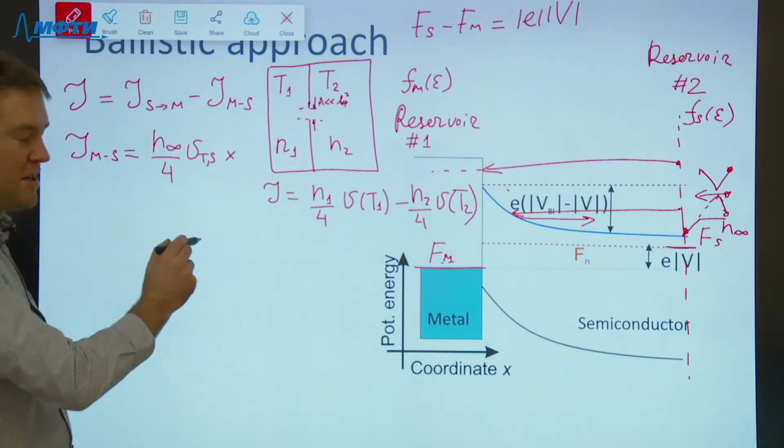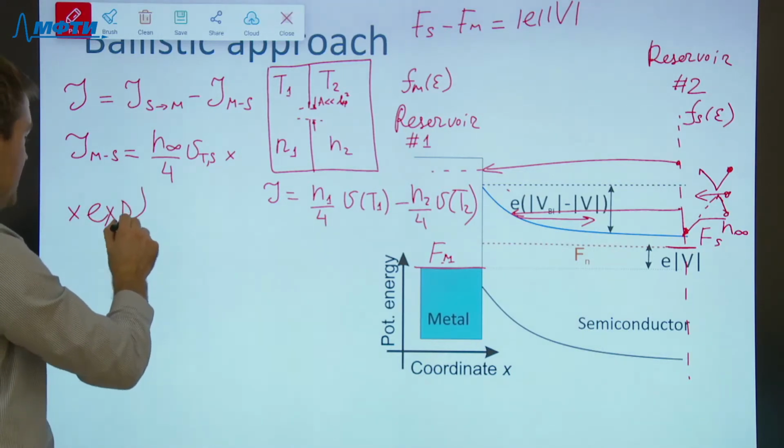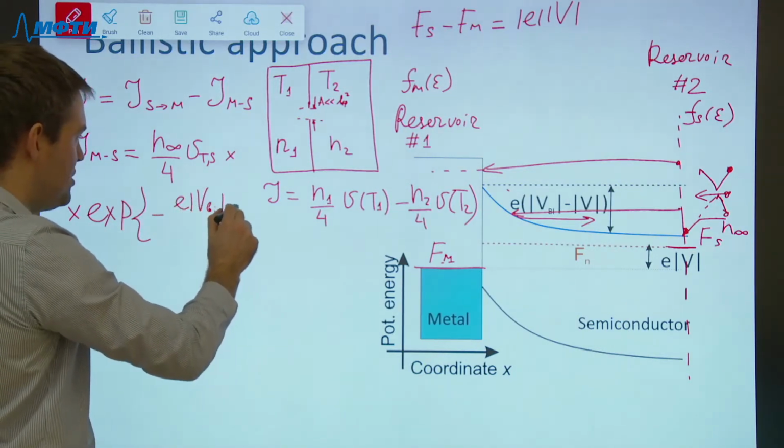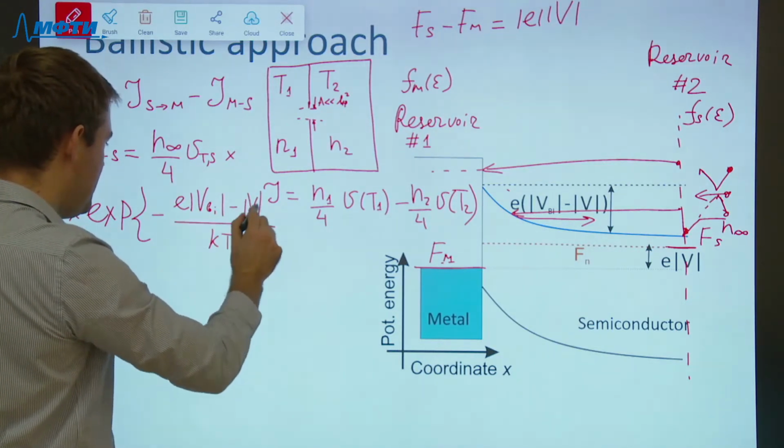So this fraction would be just the Boltzmann exponent of minus built-in voltage minus applied voltage divided by QT.